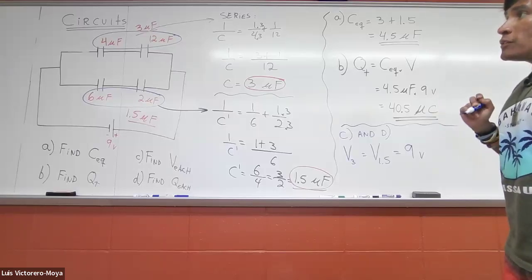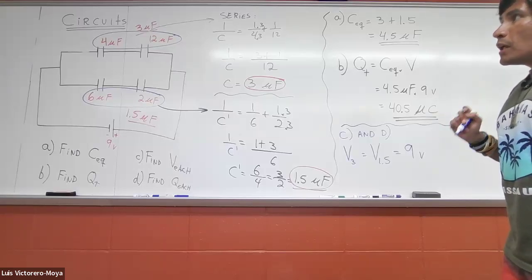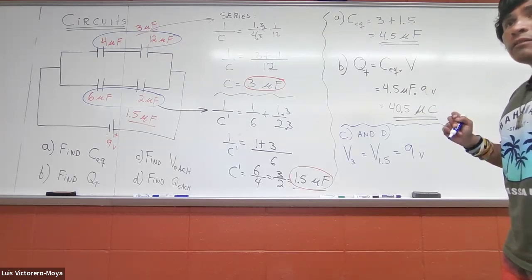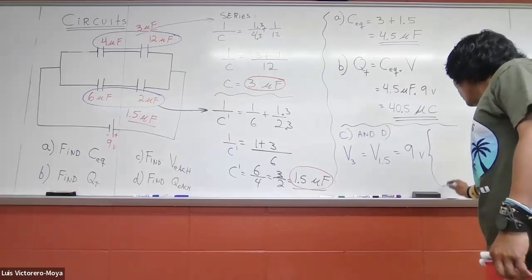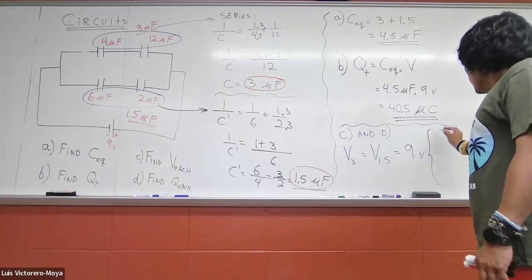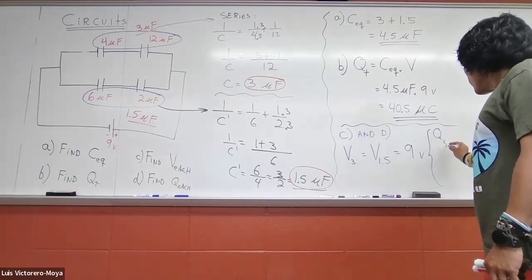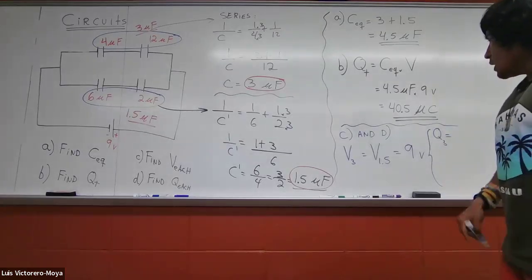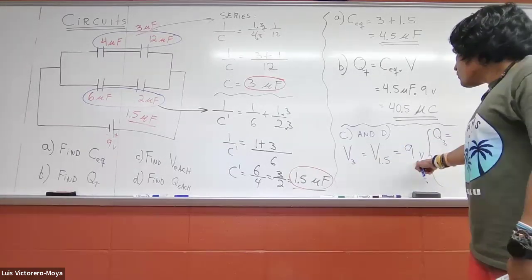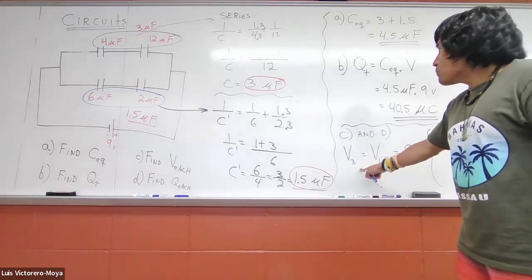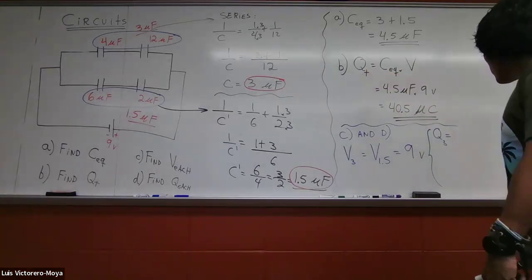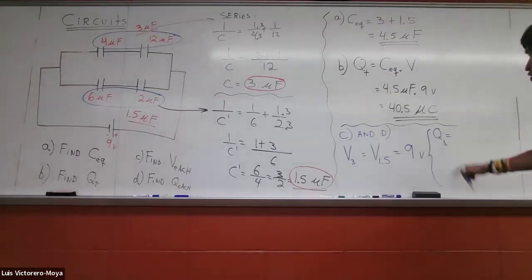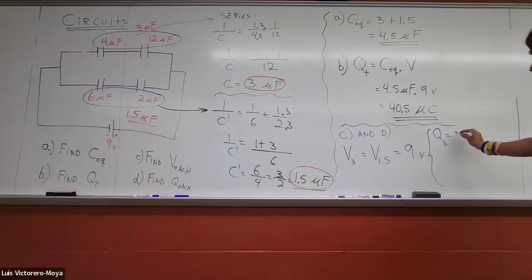And if I have the voltage on 3, I can find the charge on 3 and the charge on 1.5. The charge on 3 microfarads, I have the voltage, I have the capacitance. So Q equals CV. The charge equals the 3 microfarads times 9.